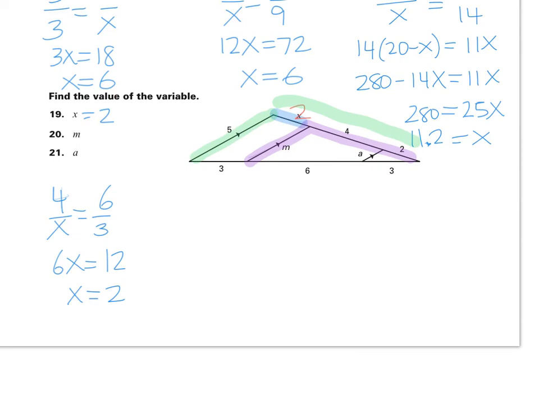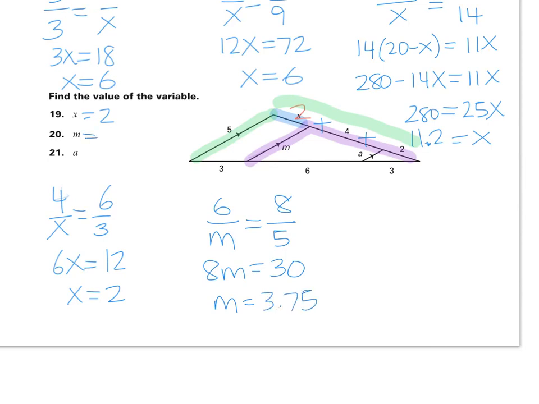So I have to add those two together. 4 plus 2 is 6 over M. Then I'm going to add that other 2 to have the green side is 8 over 5. So M equals 3.75.